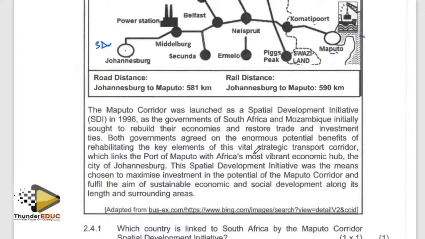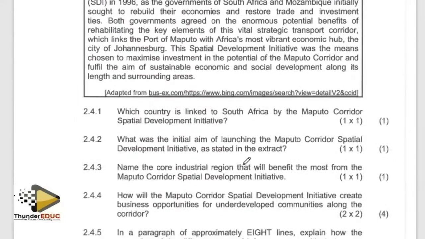Both governments agreed on the enormous potential benefits of rehabilitating the key elements of this vital strategic transport corridor, which links the port of Maputo with Africa's most vibrant economic hub, the city of Johannesburg. This Spatial Development Initiative was the means chosen to maximize investment in the potential of the Maputo corridor and fulfill the aims of sustainable economic and social development along its length and surrounding areas. Okay, so that is just supplementing the diagram above.